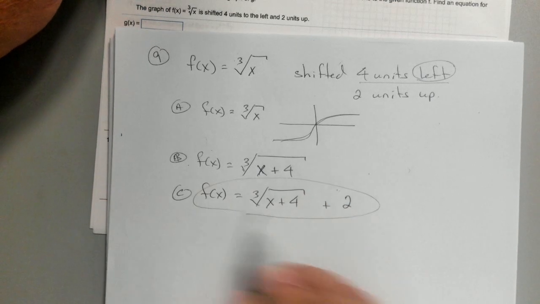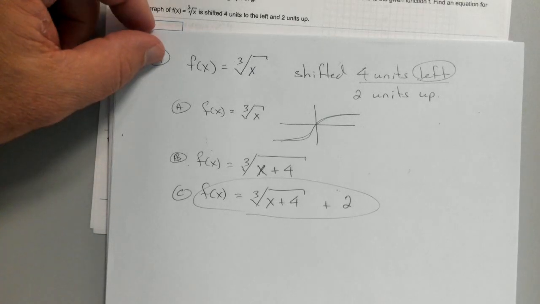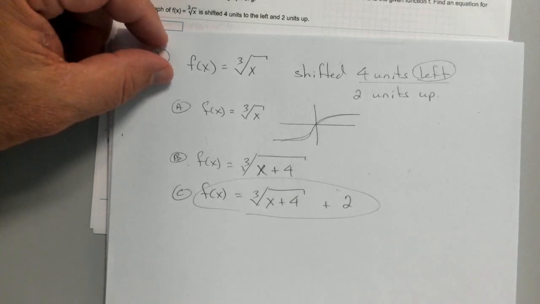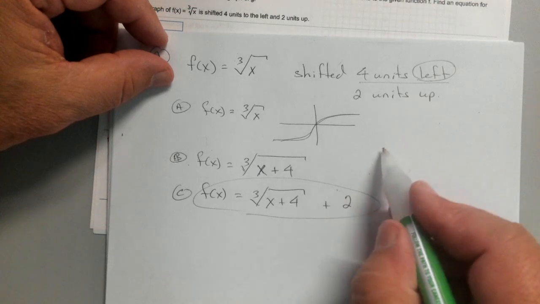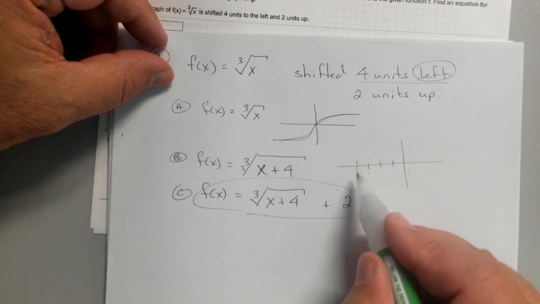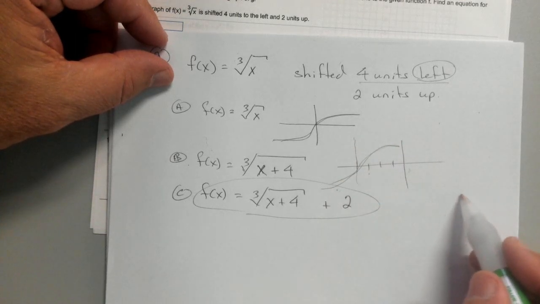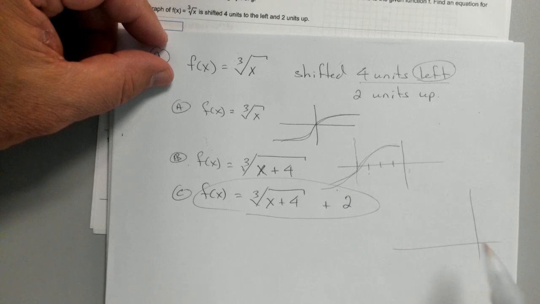So there's your function. And the graph is going to look like, because it moved 4 units to the left, there's the new origin, and it goes up 2 spaces.